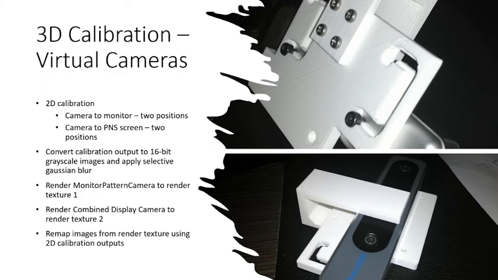Once I have these two mappings, or these calibration outputs from two positions, so I have in total 4 calibration outputs, I need to solve somehow the 8-bit precision problem, because once I use OpenCV remap to calculate what the camera image would look like, the 8-bit precision would not be enough.